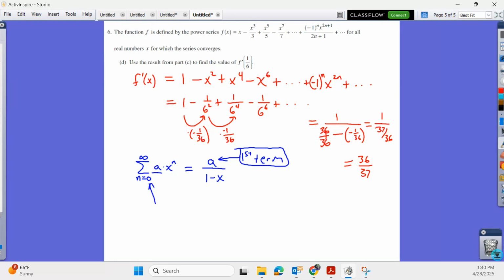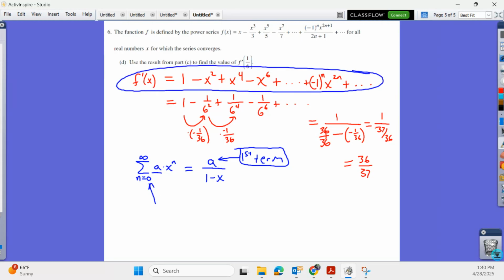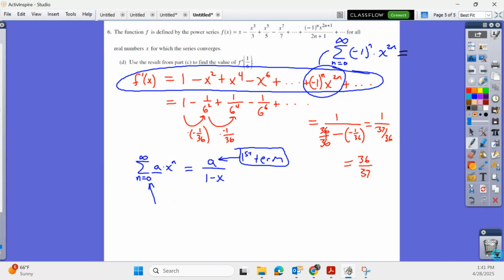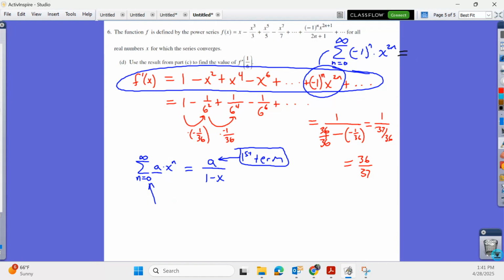So if you do that, you just have to look at this and say, okay, what is this? Well, it's the summation of negative 1 to the n times x to the 2n from n equals 0 to infinity. And you can put that together. X to the 2n, this is to the n power, this is to the 2n power.